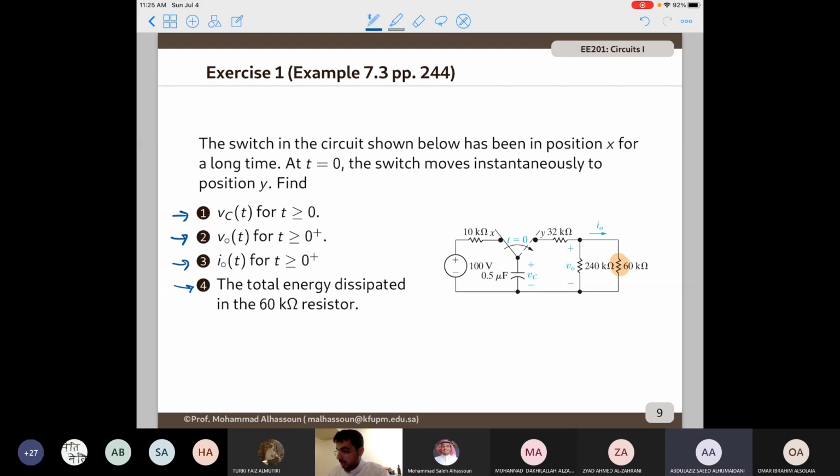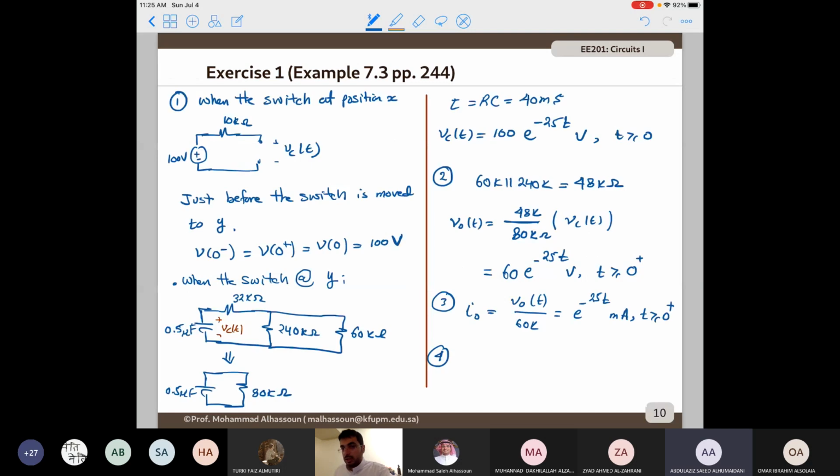This is the 60. So it will be I naught squared multiplied by R. Yes. So the energy will be the integration of the power. The power is I naught squared multiplied by R, in this case 60. So if you do the multiplication, you will end up with something like this.